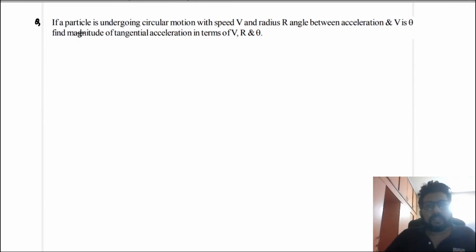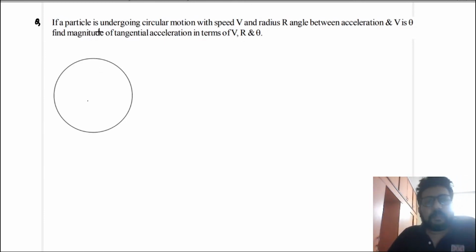In the next question, a particle is undergoing circular motion with speed v and radius r, and the angle between the acceleration and velocity is theta. Find the magnitude of tangential acceleration in terms of v, r and theta.